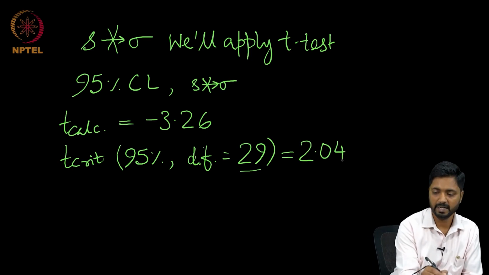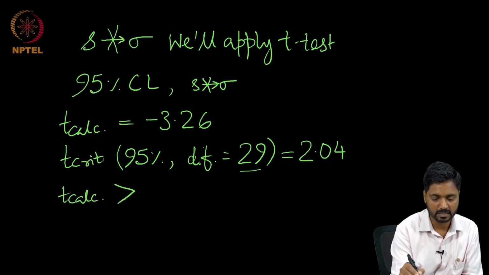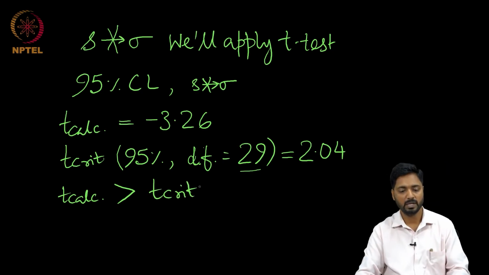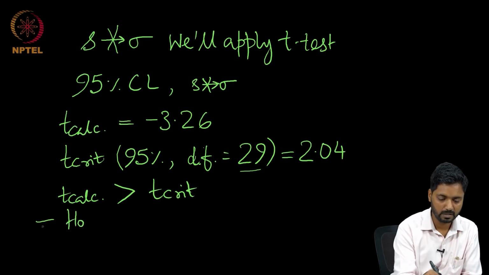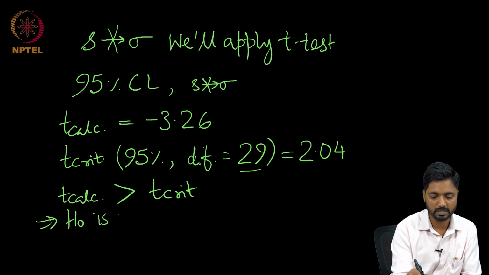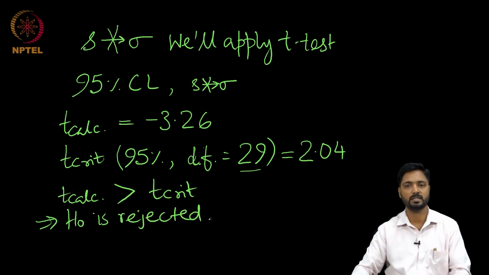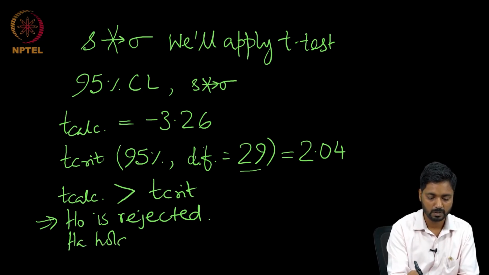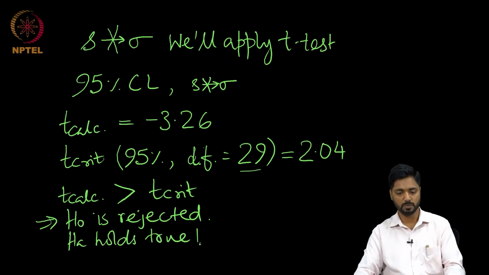and what we observe is that the t calculated is again greater than the t critical. So, at 95% confidence level, our H naught is rejected and the alternate hypothesis holds true.